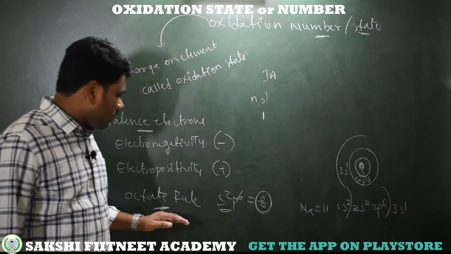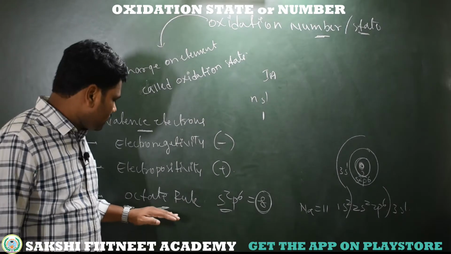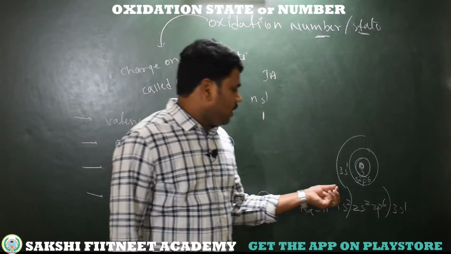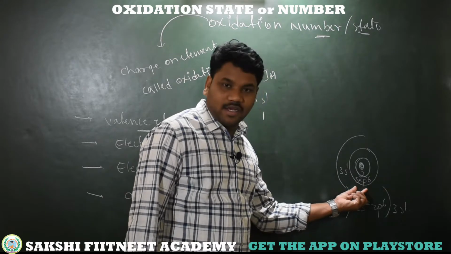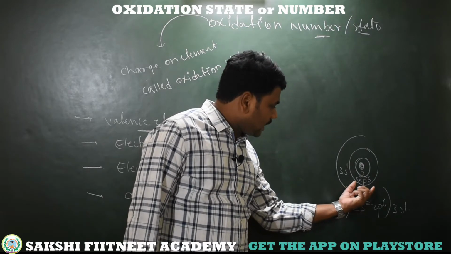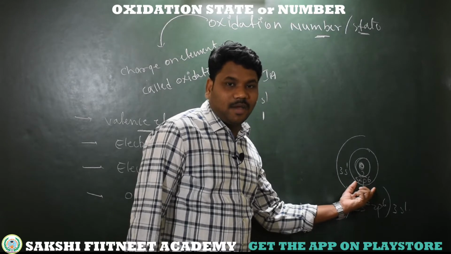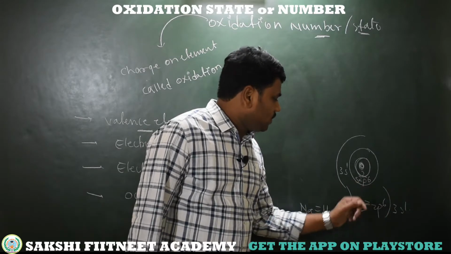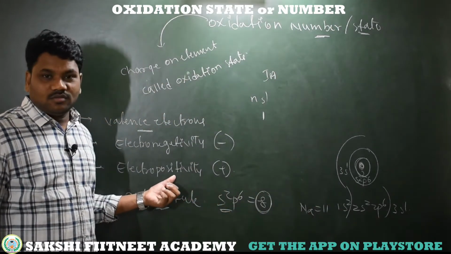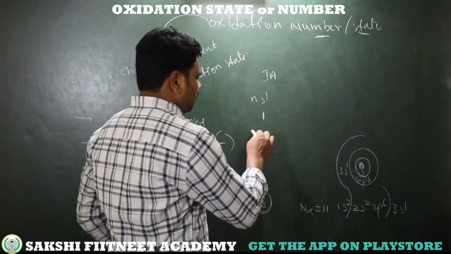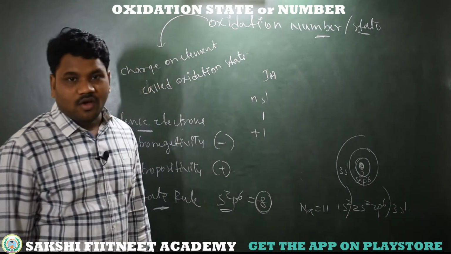Then how is it satisfying the octet rule? On loss of this 1 electron, sodium attains an octet with its second shell. So the elements which show 1 valence electron and are more electropositive give +1 oxidation state.